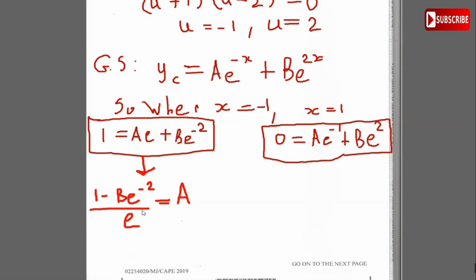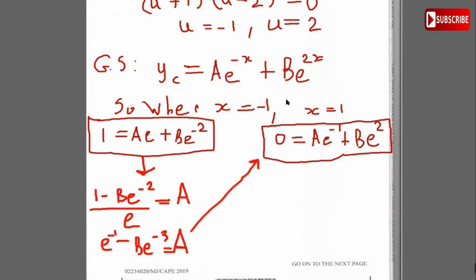That's what I get when I make A the subject from here. 1 over e is e to the minus 1, minus B e to the minus 2 over e is B e to the minus 3. So A is e to the minus 1 minus B e to the minus 3. Substitute that in here for A now. So I'm going to plug it into this equation.